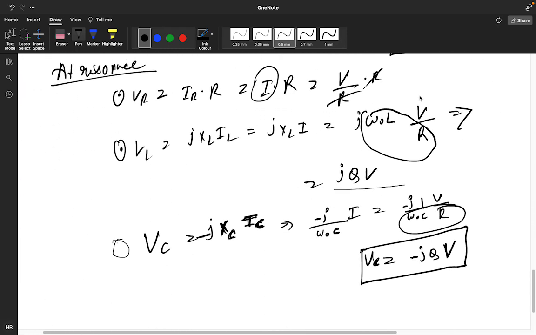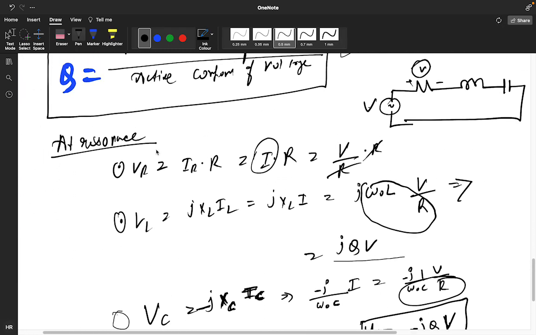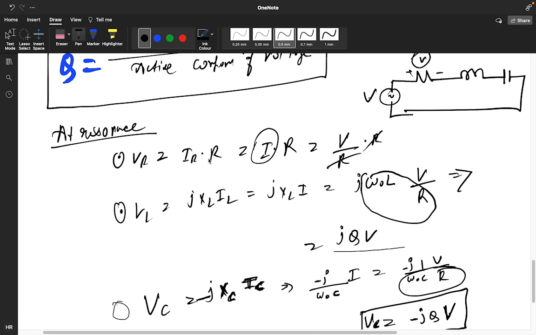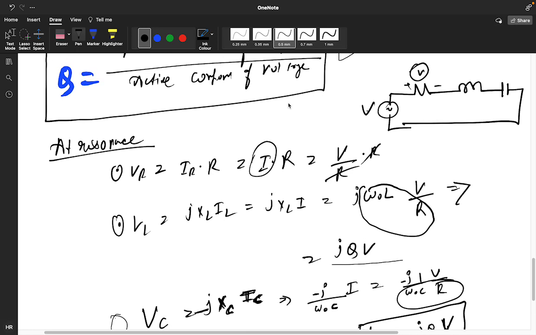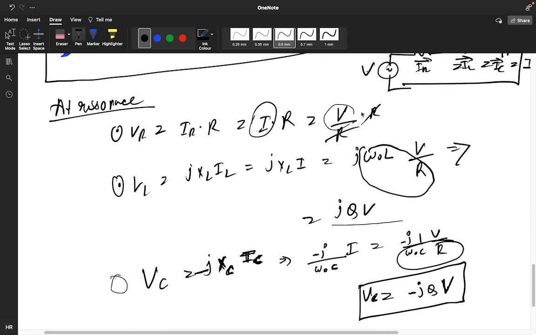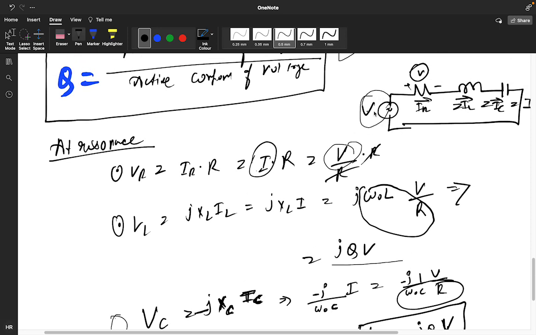Now at resonance, if you want to see, the voltage VR is equal to IR into R. Whatever this is, your IR, this is your IL, and this is your IC, all are equal to I. So IR into R is equal to I into R, and I is V divided by Z, and Z will be R only, because these two will cancel out. So we get VR as the supply voltage.